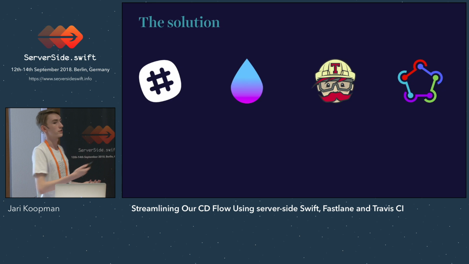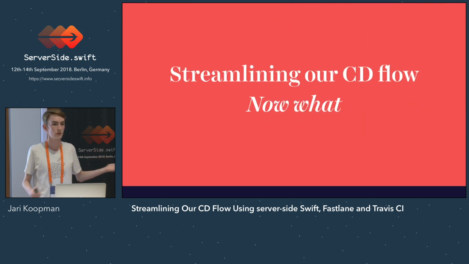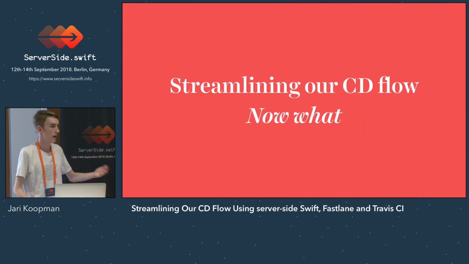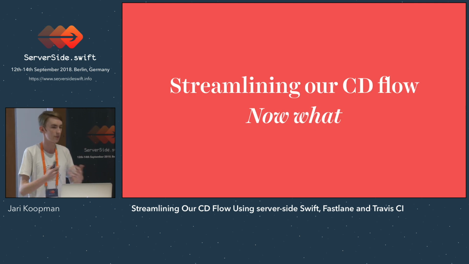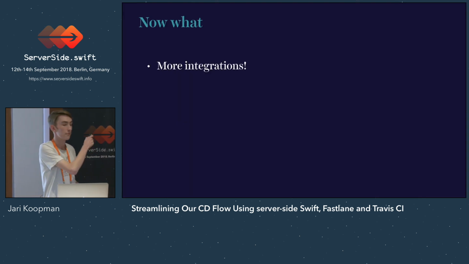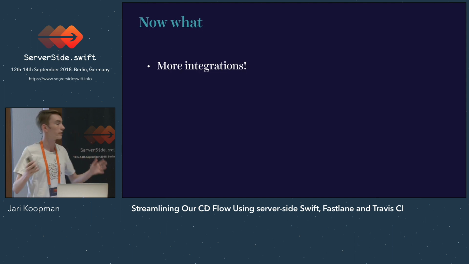But now we have this flow, and well, now what? It works great, it does its job, but we don't want to just keep it like this. We want to expand this. What we can do is add more integrations. The possibilities are infinite.